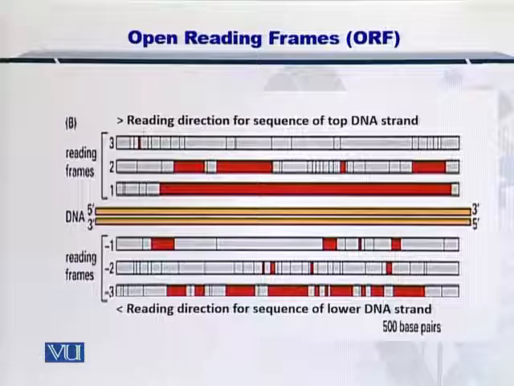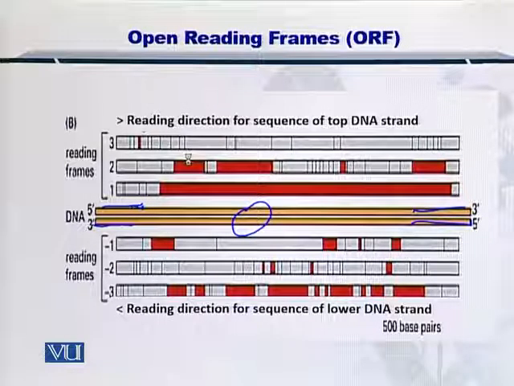As you can see in this figure, we have the DNA sequences provided here in the middle of the figure. You can note the 5' to 3' direction on the upper strand and the 3' to 5' on the lower strand.